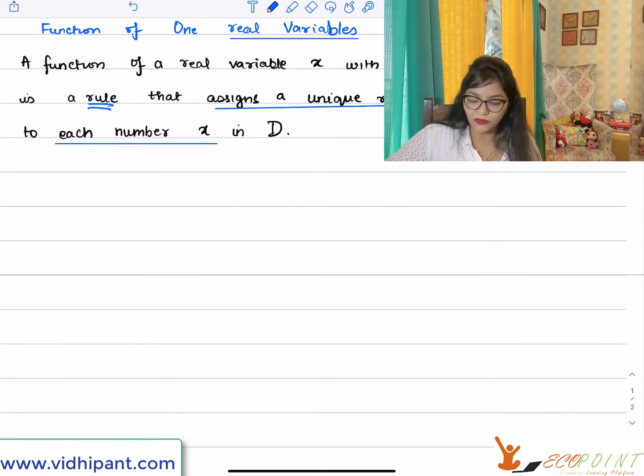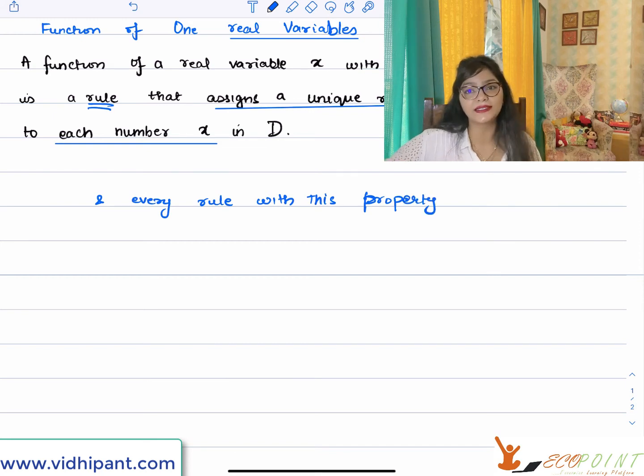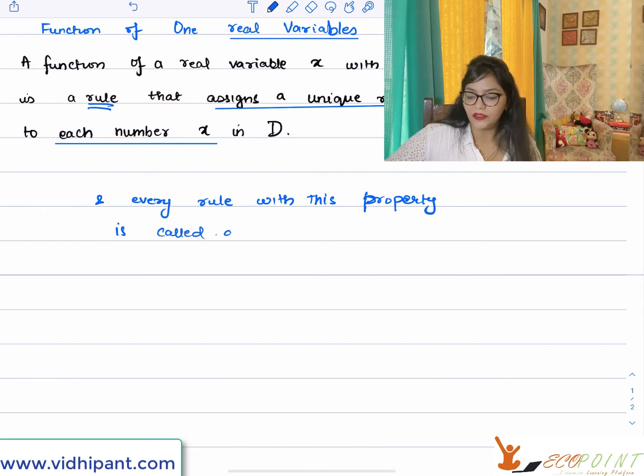So just remember that every rule with this property, that to each x in the domain the rule gives a unique output, is called a function.